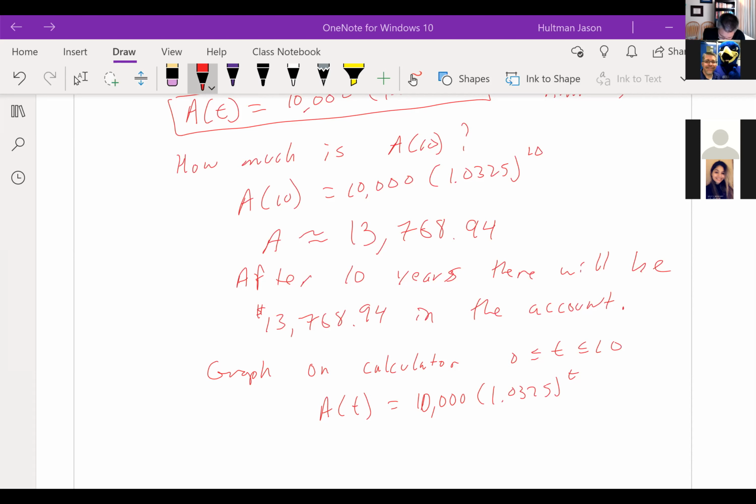That didn't work. What did I do wrong here? Oh, because we're starting at 10,000. That makes sense. We need to start way high at 10,000.